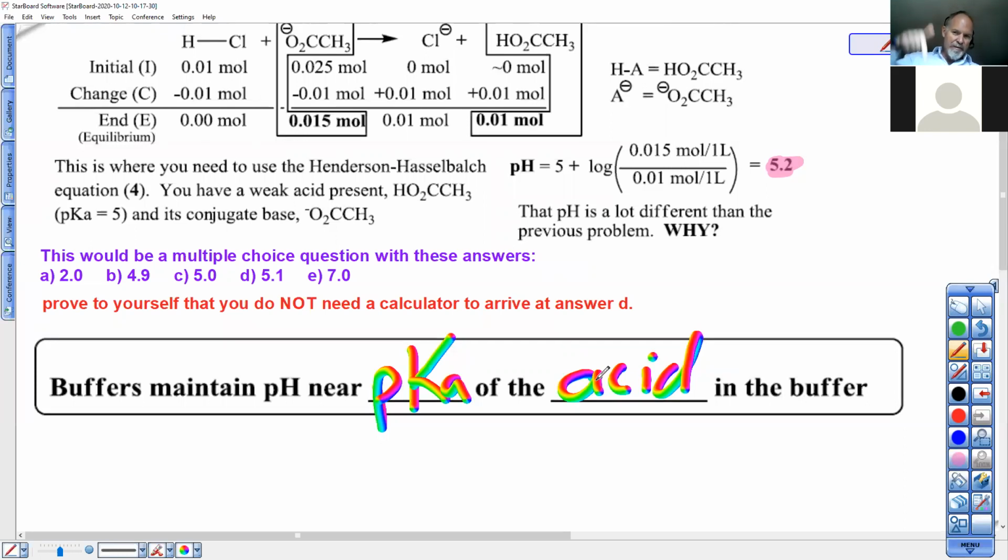That's what acids do. They lower pH. Did I say raise? I did. Acids lower pH. So if you flipped these numbers and you had 0.01 moles of base and more acid, 0.015, you'd pick the answer 4.9. You see where I'm going with this? You're going to have a question in your multiple choice like this.